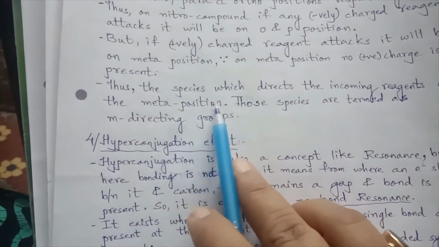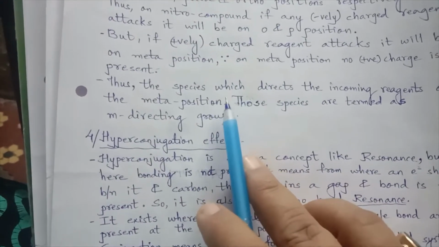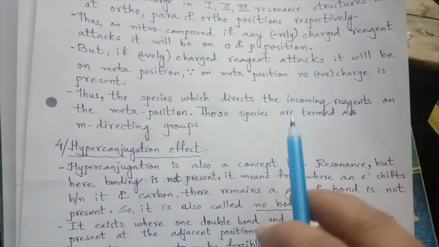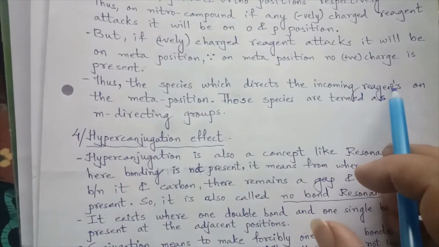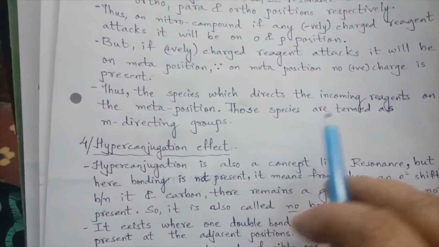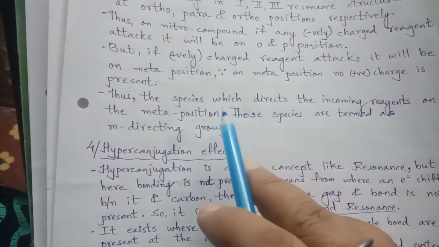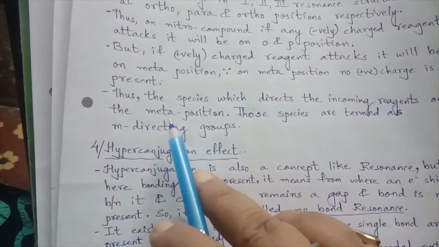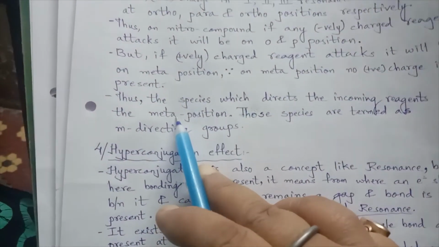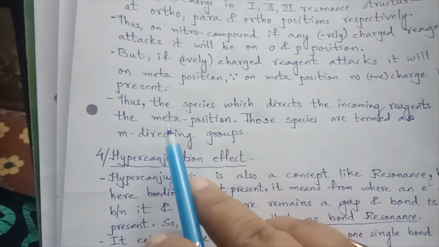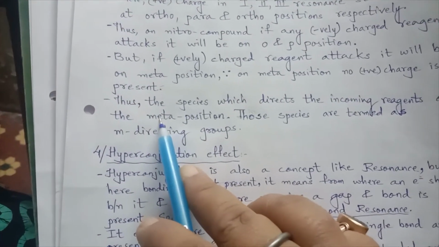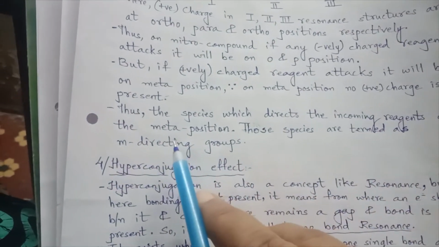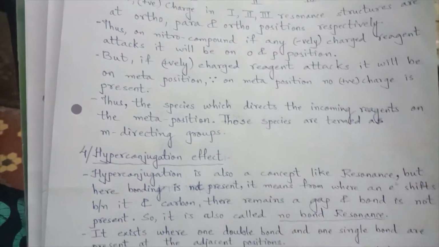Those substituents which are present on the benzene ring, when they give an idea to the incoming reagent attacking that benzene ring, show the path and ask them to sit on the meta seat, then those attached substituents or species are termed as meta guiding or meta directing groups, right?